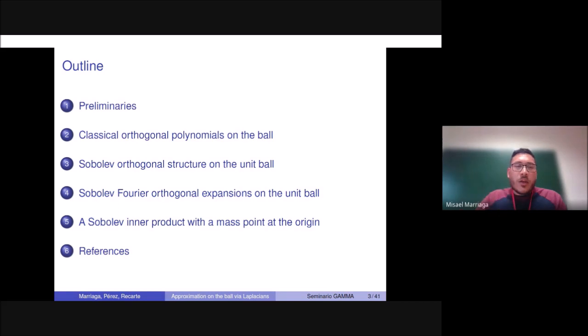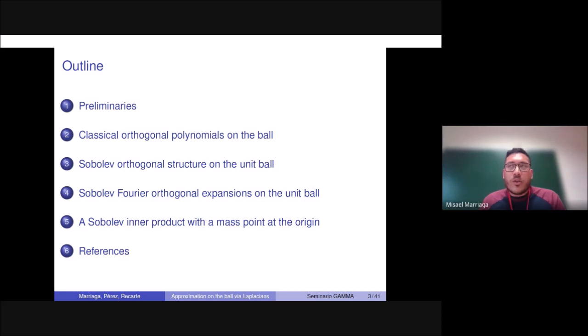I have organized the work as follows. First, I'm going to start with some preliminaries, and I'm just going to remind you of very few things about orthogonal polynomials in one variable, and then I'm going to go a little bit more slowly to talk about orthogonal polynomials in several variables. Then I'm going to talk about the classical orthogonal polynomials on the ball.